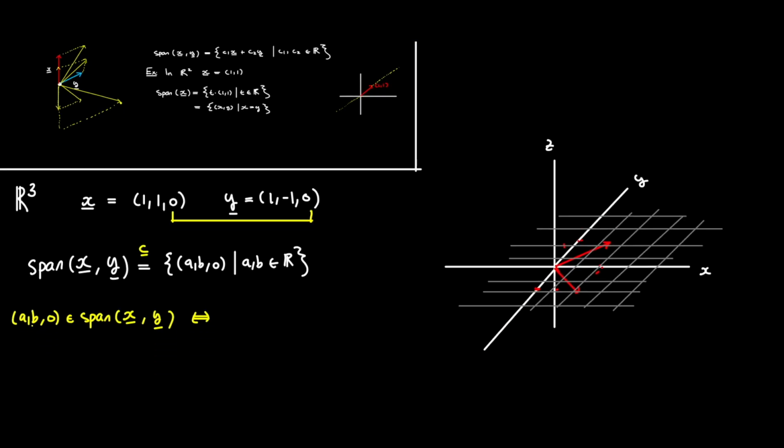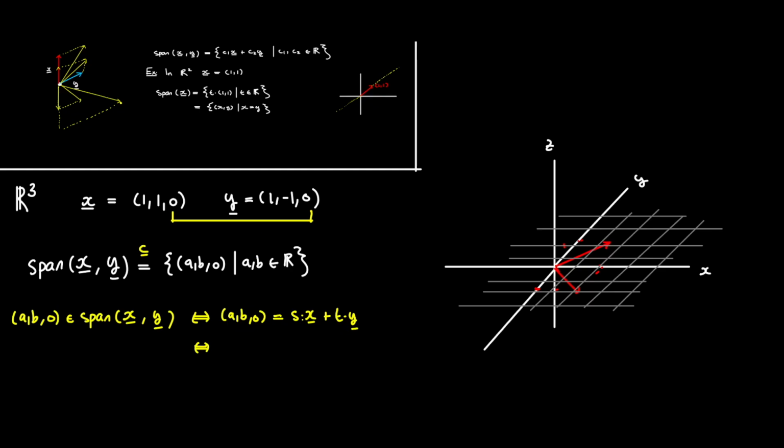So for this vector to be in the span, where a and b are general numbers, it's exactly the same thing to say that this (a, b, 0) is equal to some linear combination, s times x plus t times y. Okay? So that's the meaning. There exists this s, there exists this t such that this is equal.